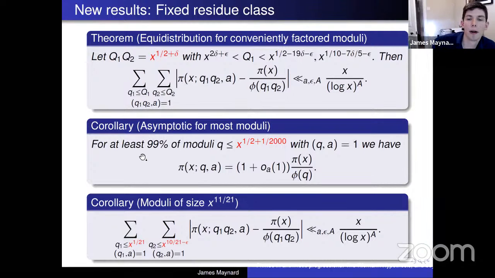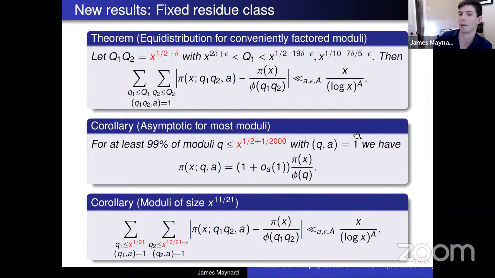So one immediate consequence of my work is that if we're looking at moduli q going beyond x to 1/2, so let's think of x to 1/2 plus 1 over 2000, so a tiny bit beyond this Riemann hypothesis range, then for some fixed residue class, you do get most moduli q having equidistribution in this sense, where most means at least 99% of the moduli have this.